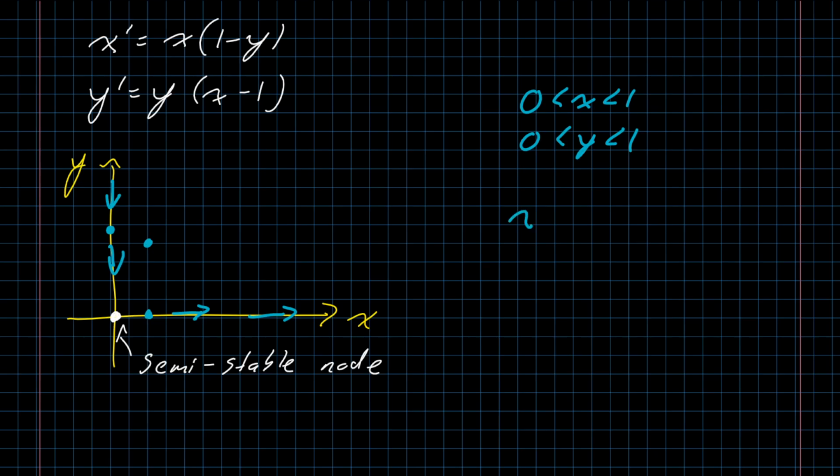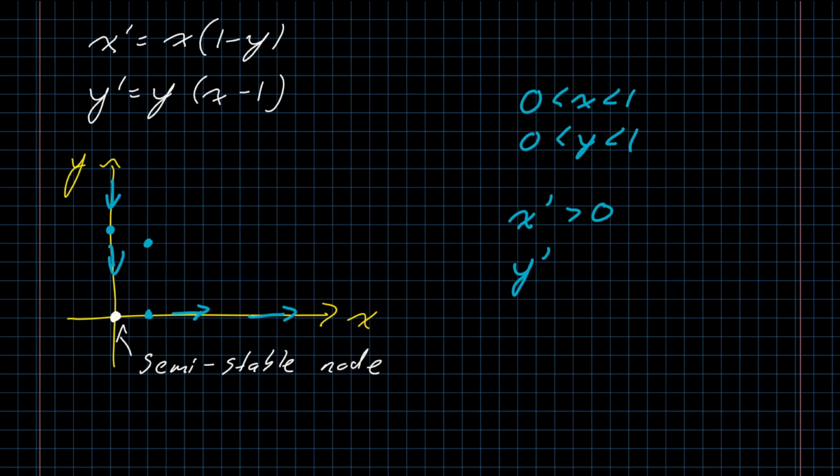So then x prime, we've got 1 minus y, which is going to be a positive number. So x prime is positive. We're going to grow in the x direction. And then y prime.